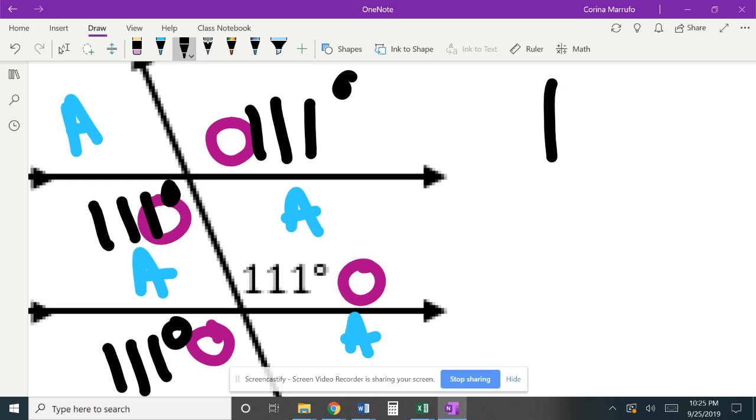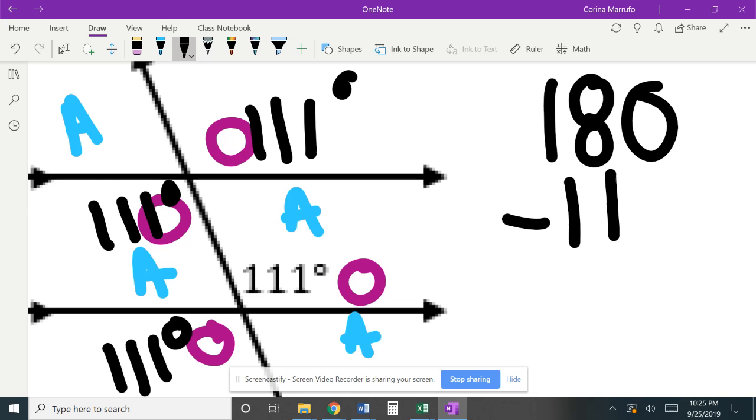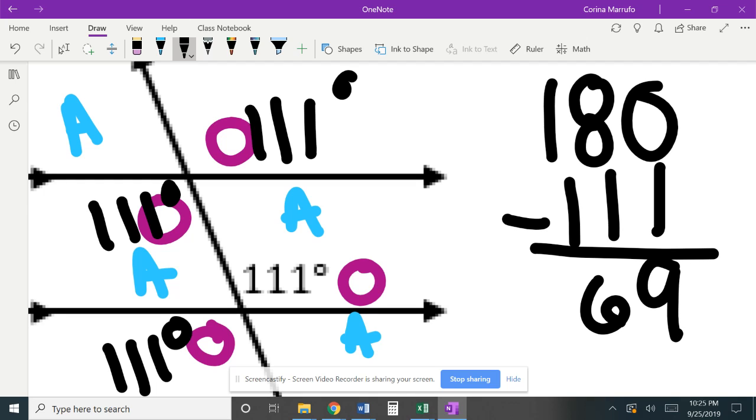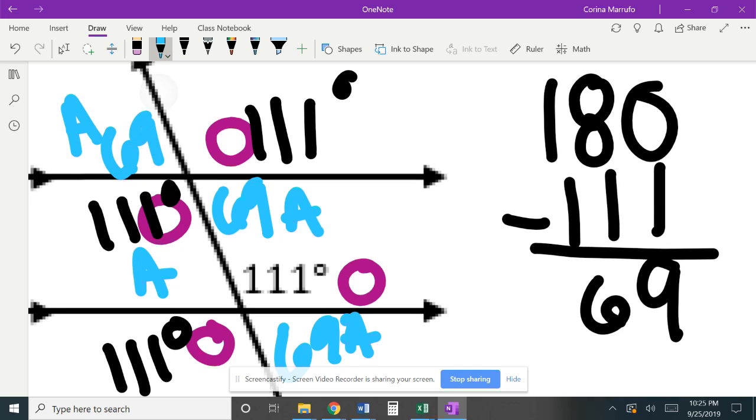So now, to find the acute angles, we're going to do 180 minus 111, and that's going to give us 69. I hope I did that math right. All right, so this is going to be 69, 69, 69, and 69.